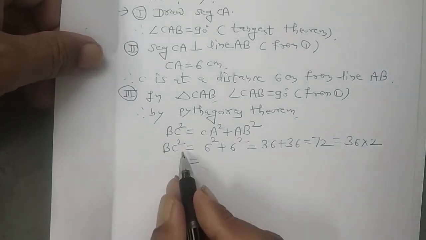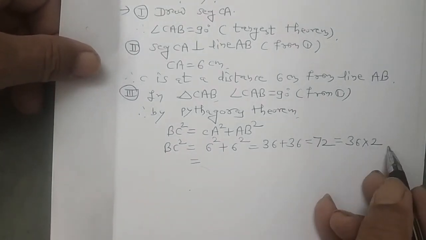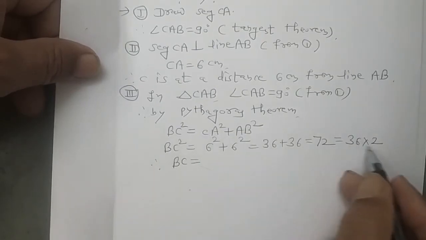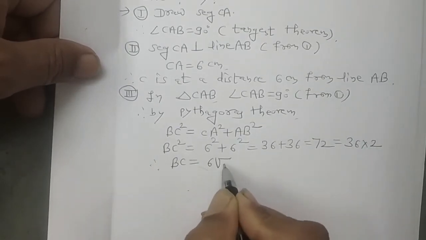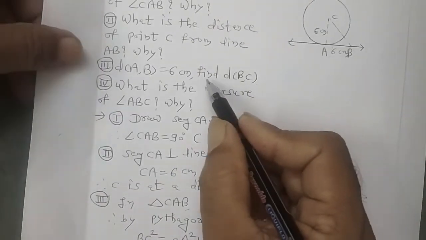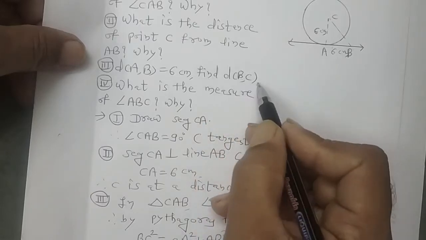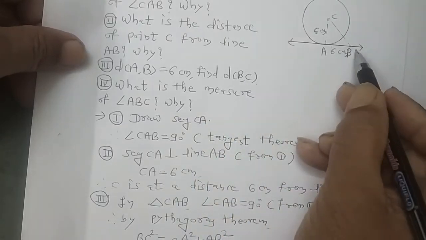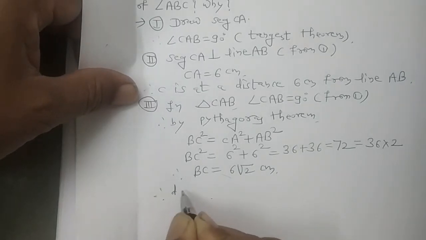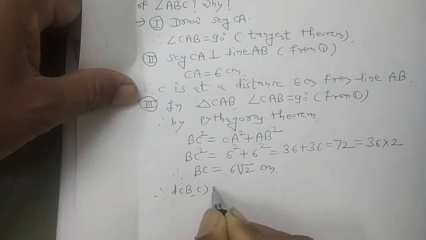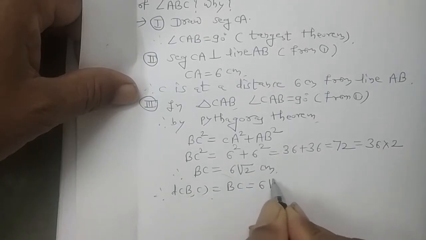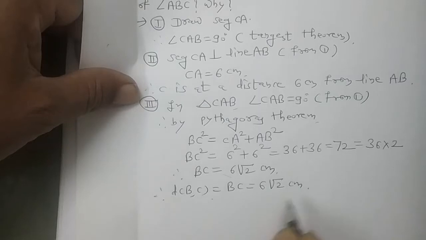BC square is equal to 36 into 2, taking square root. Therefore BC is equal to 6 square root 2 centimeter. And BC we have to find distance between point B and C. Therefore distance between point B and C is equal to 6 square root 2 centimeter.